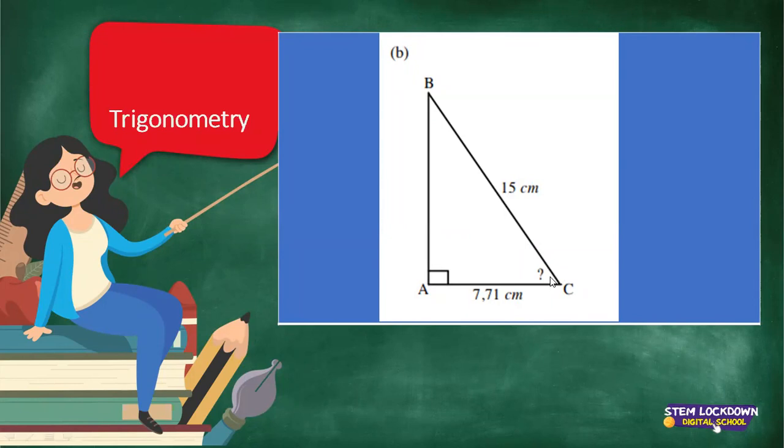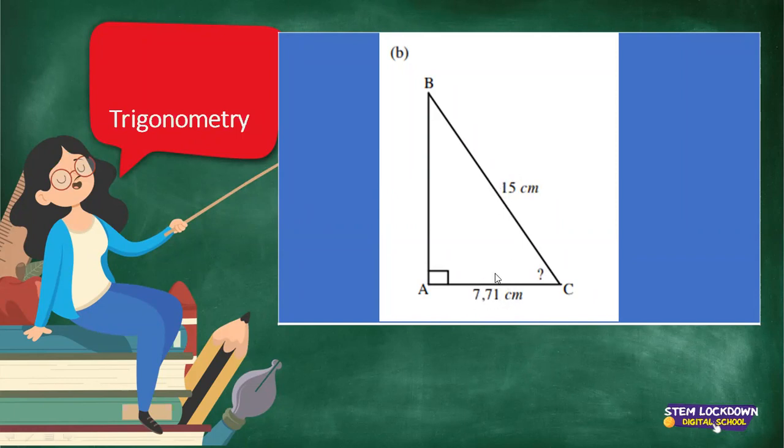Of course, because this is a right angle triangle, you can also use our trigonometric ratios. This is the angle we're considering. Then AB is our opposite side, then the adjacent side, and the hypotenuse.